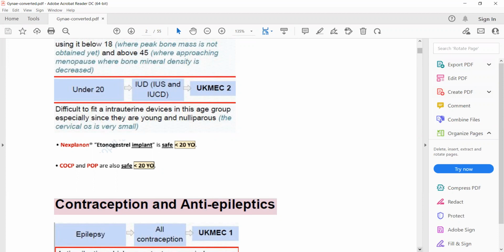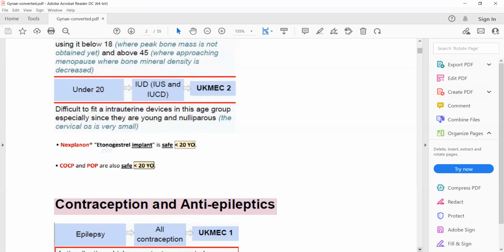It usually provides contraception for a period of 3 years. There's no restriction to use Nexplanon if the patient is less than 20 years old, so it's UKMEC1.